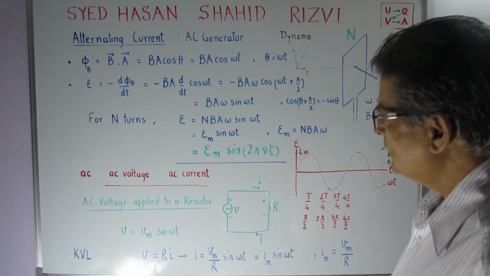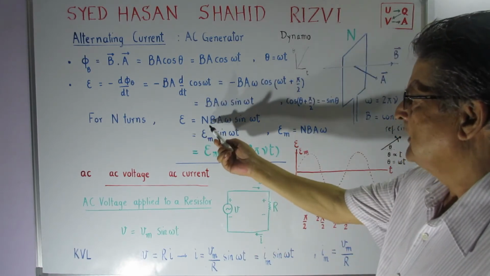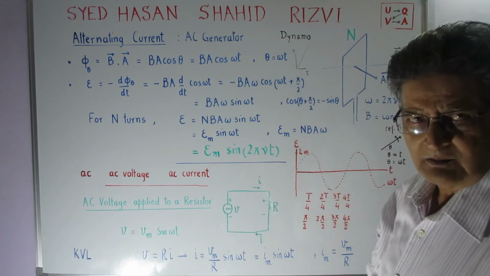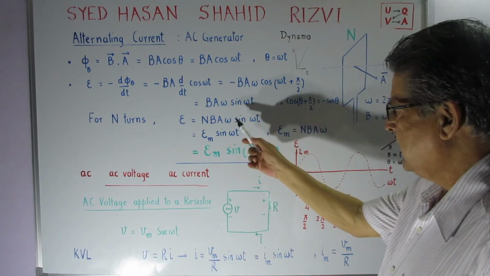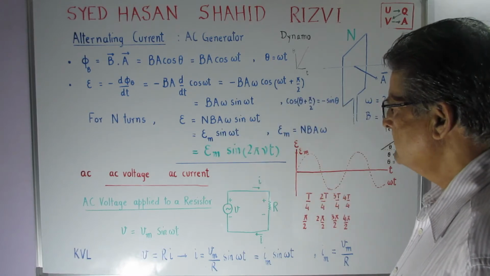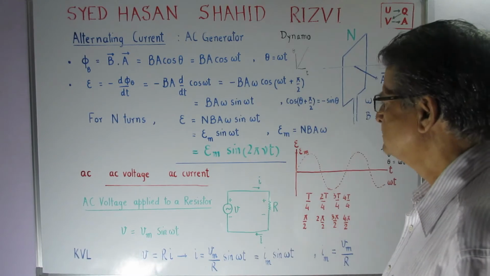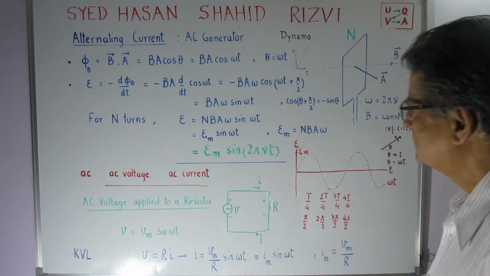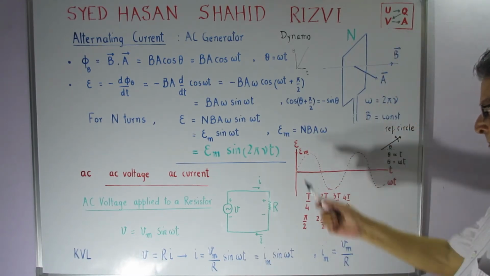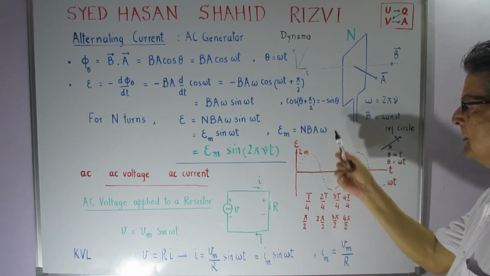So for N turns, all I will do is multiply this by N. So NBA omega sine omega t, which I can write as Em. Some books write it as E naught. Doesn't matter. Symbols don't matter at all, as long as the meaning is the same. Em is NBA omega.